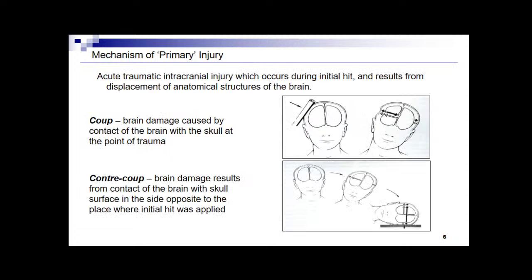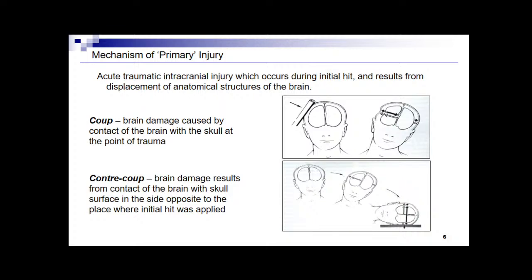Mechanisms of primary injury. Now we have to discuss the difference between primary and secondary injuries. Primary injury is acute traumatic intracranial injury which occurs during the initial hit and results from displacement of anatomical structures of the brain. Application of a mechanical cause produces displacement of the contents of the cranial cavity.